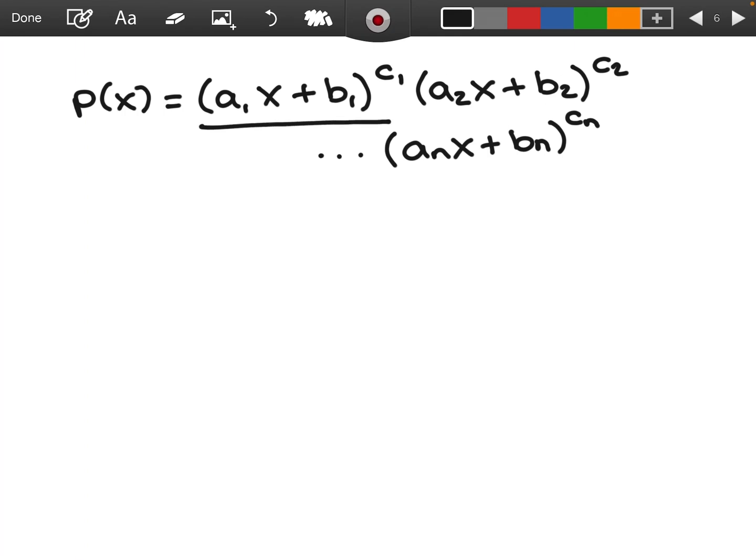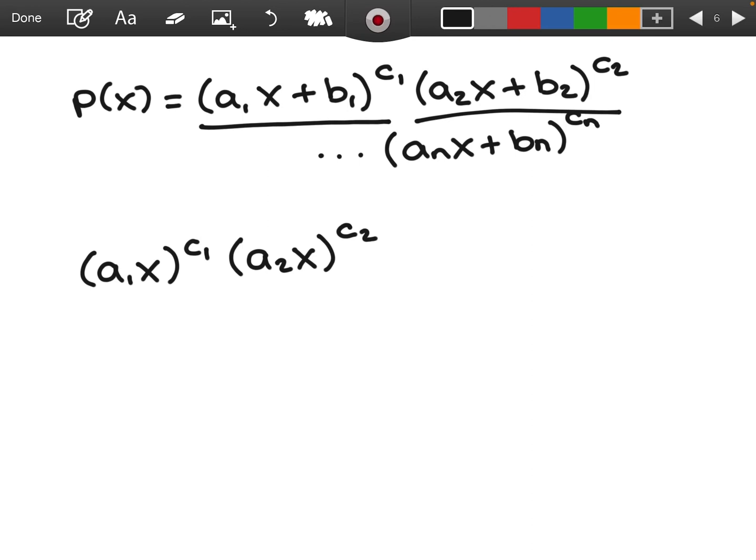So here, if I were to find for my first parenthesis what the leading term of that one would be, well, it would be a1 x to the c1. Okay, that is the term that is going to have the largest power of x when I multiply this all out. Everything else is going to have a lower power of x by multiplying out that particular set of parentheses.